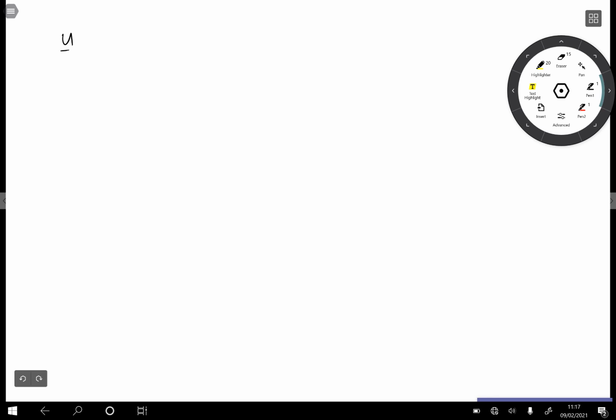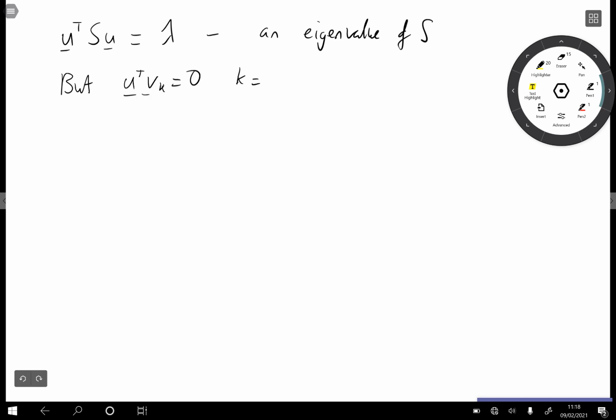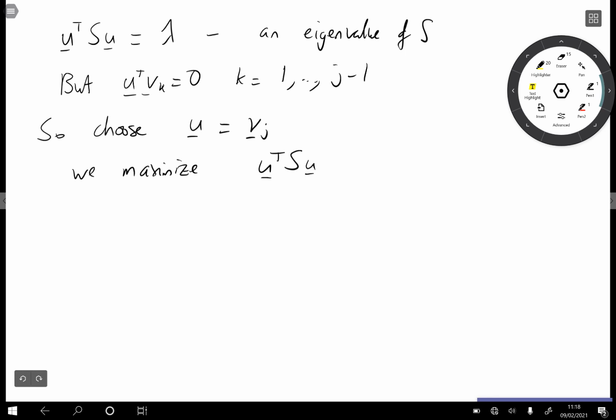We know that, as before, u transposed S u must be one of the eigenvalues, but u has to be orthogonal to v_k for k equal to 1 up to j minus 1. So the largest eigenvalue we can choose is lambda_j. So if we choose u equal to v_j, we maximize u transposed S u. So that proves the result.